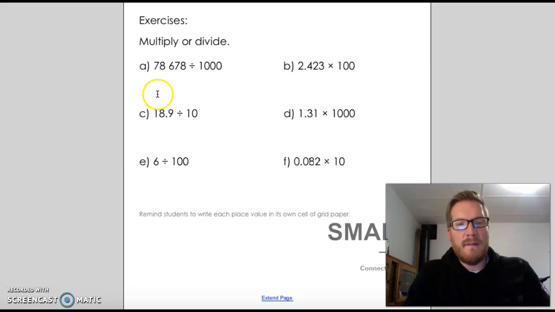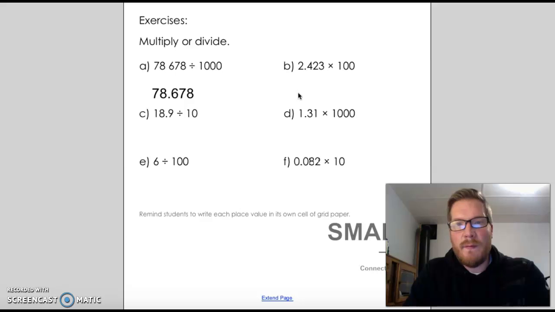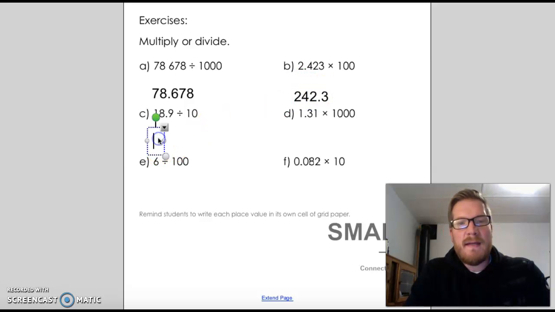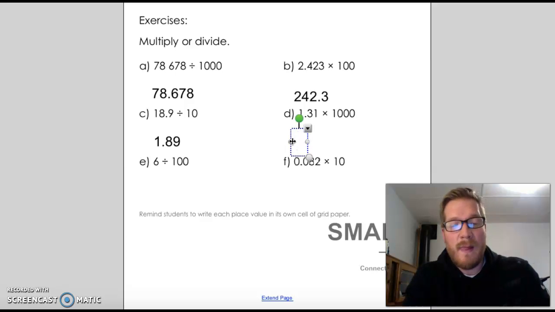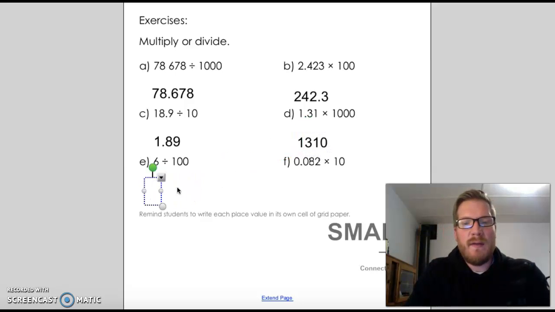So 78,678 divided by 1,000 is going to give us 78.678. 2.423 times 100 is going to make it go 2 places to the right, so that's 242.3. 18.9 divided by 10 is going to make it go 1 place to the left, so that's 1.89. 1.31 times 1,000 makes it go 3 places to the right, so that's 1,310. 6 divided by 100 makes it go 2 places to the left, so 0.06.